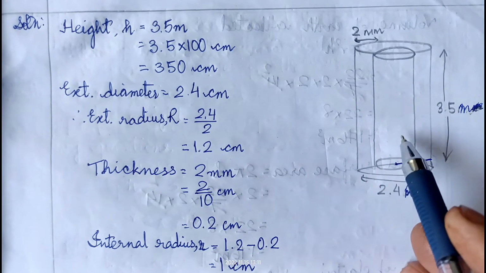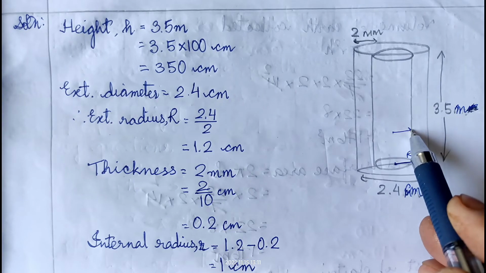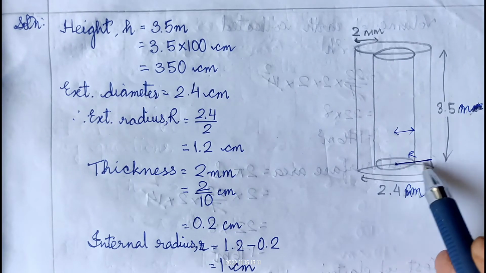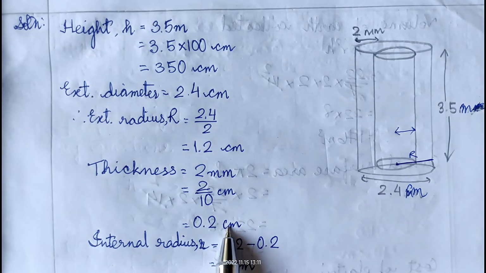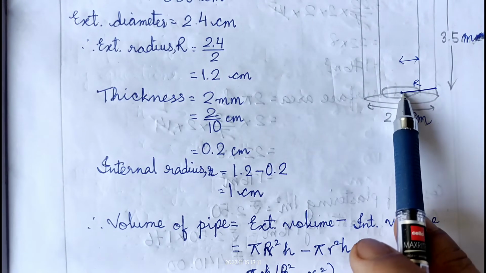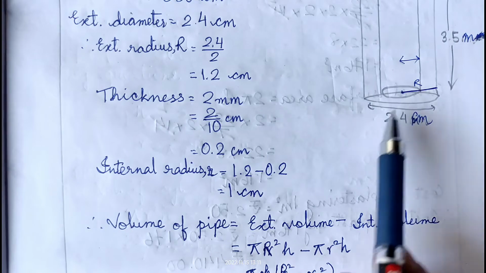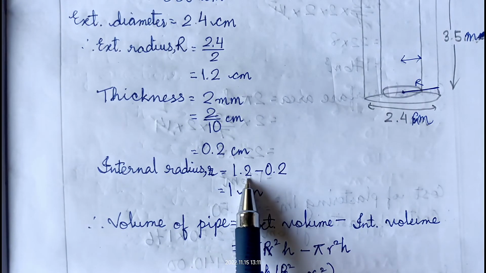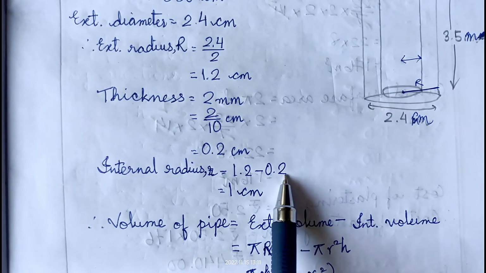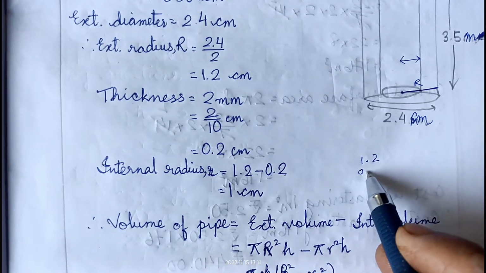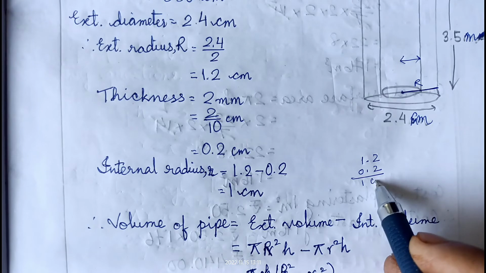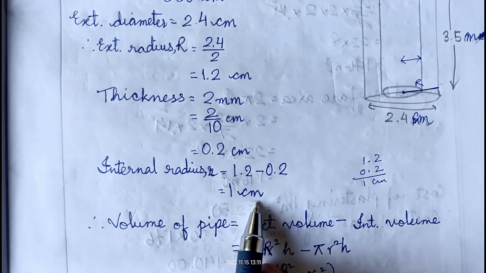Therefore, internal radius starting from this up to this much, this is the internal radius. External radius we got 1.2 and thickness we got 0.2 centimeter. Here internal radius will be external radius minus thickness. So if I subtract 1.2 minus 0.2, it will give 1 centimeter. Therefore internal radius is 1 centimeter.